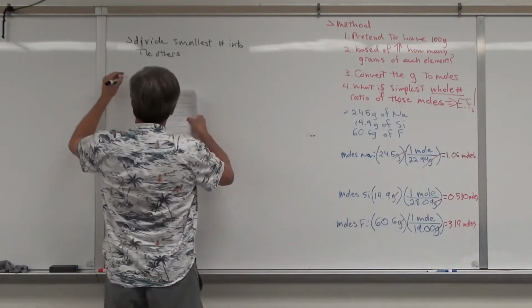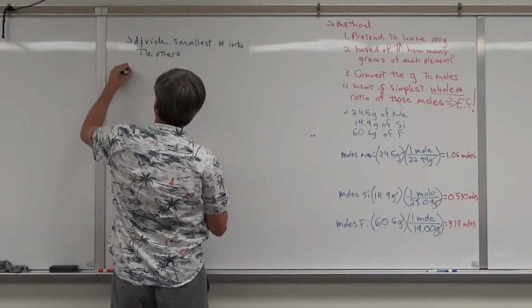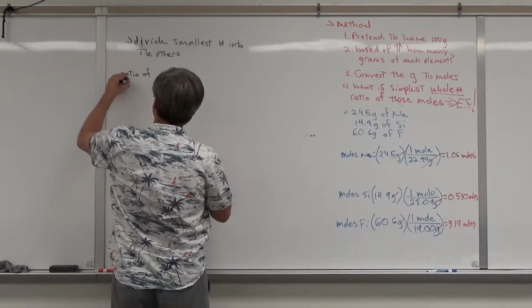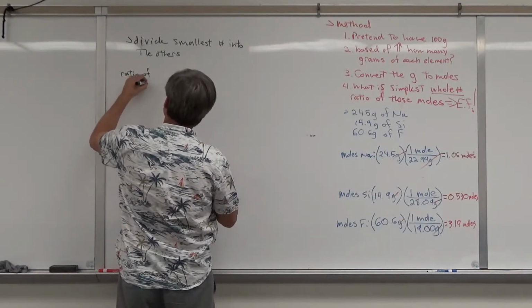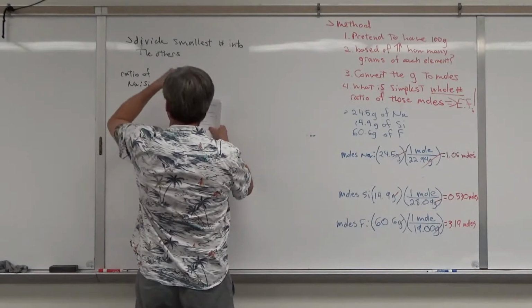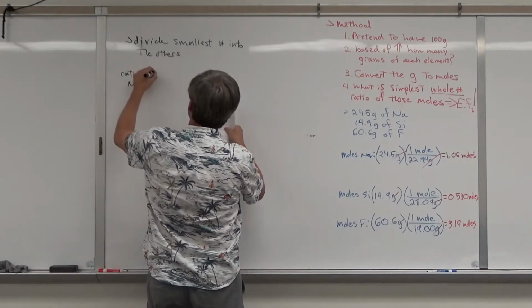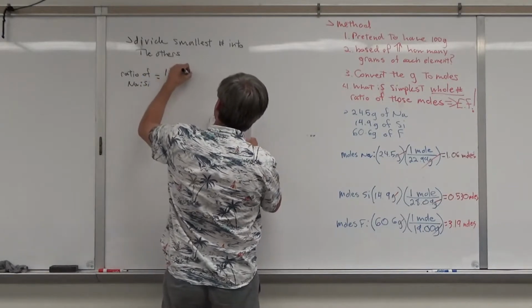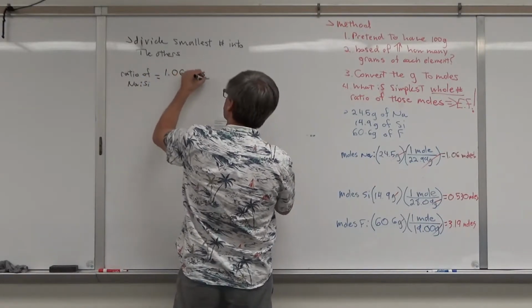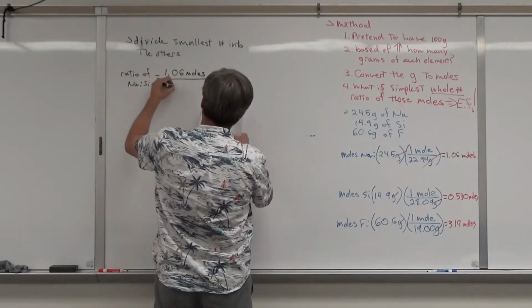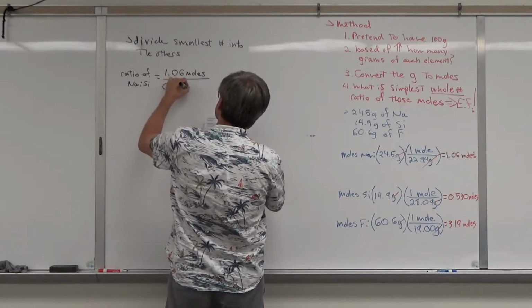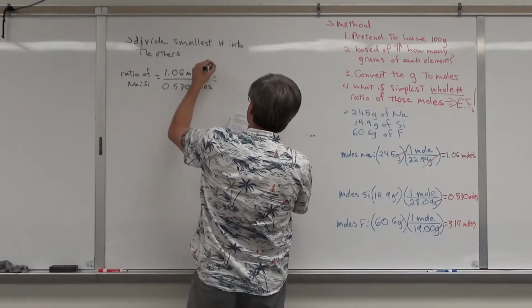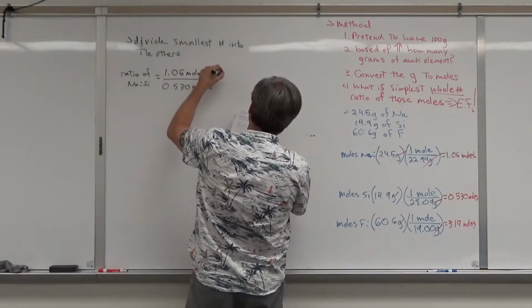Right, so the ratio of sodium to silicon is 1.06 moles divided by 0.530 moles, and that comes out to be 2, or roughly.